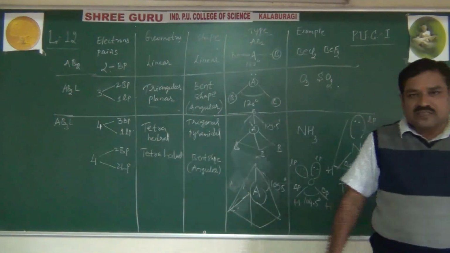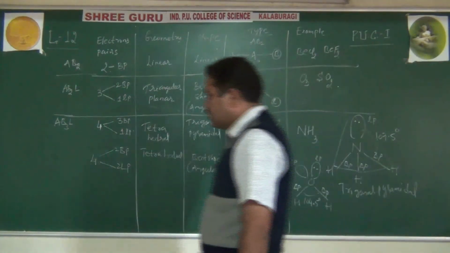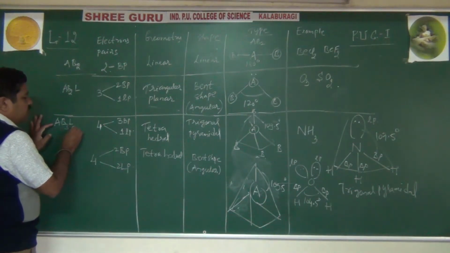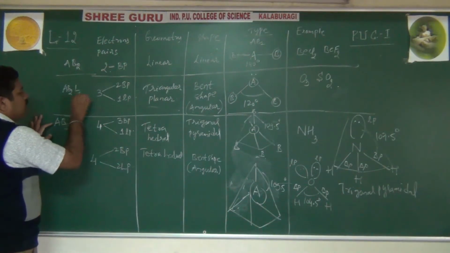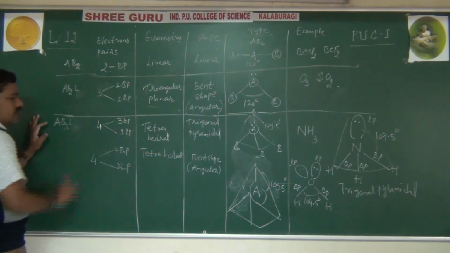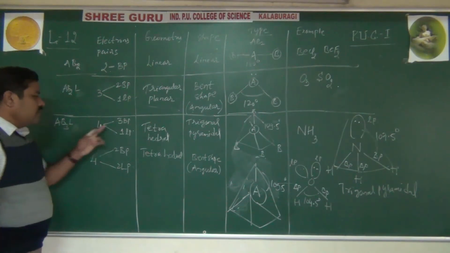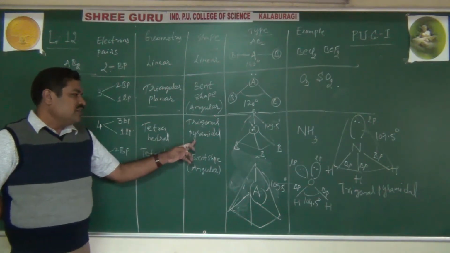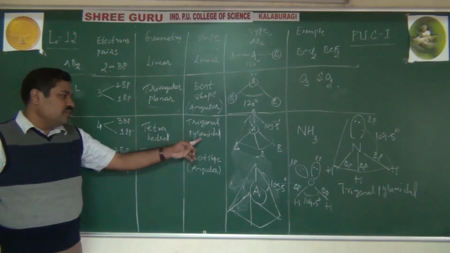That means ammonia is the best example of the AB3L type. A is the central atom, B3 means 3 bonding pairs, L1 means 1 lone pair. If there are 3 bond pairs and 1 lone pair, the geometry goes from tetrahedral to trigonal pyramidal.